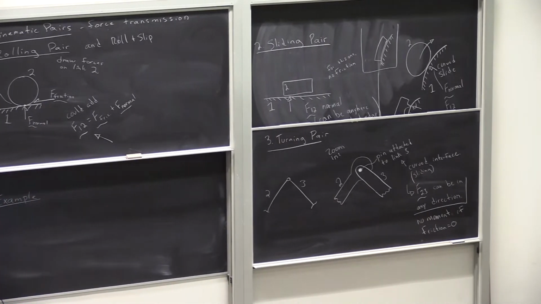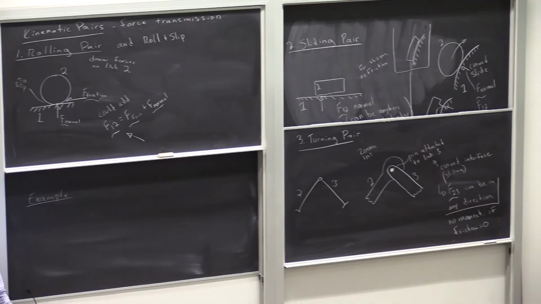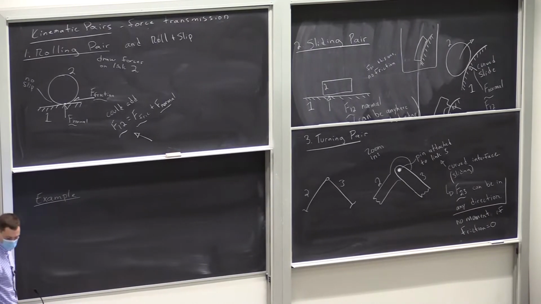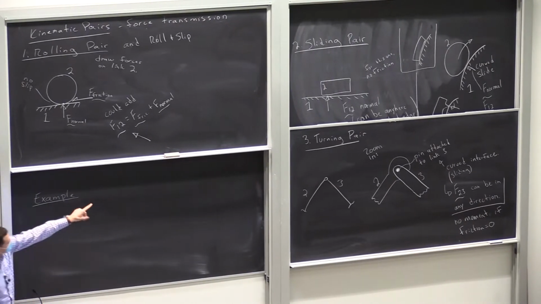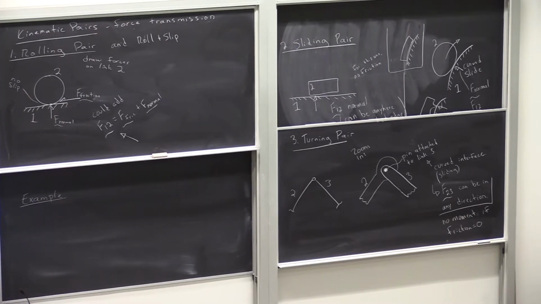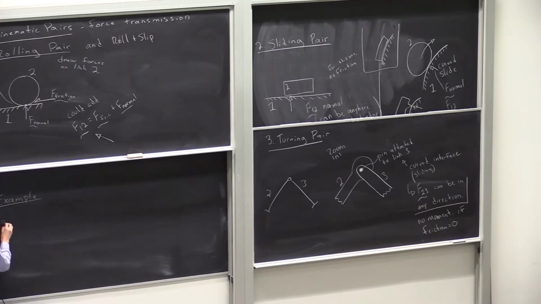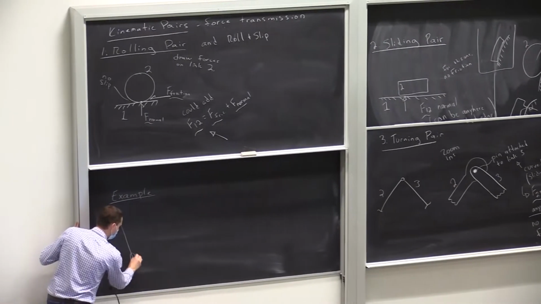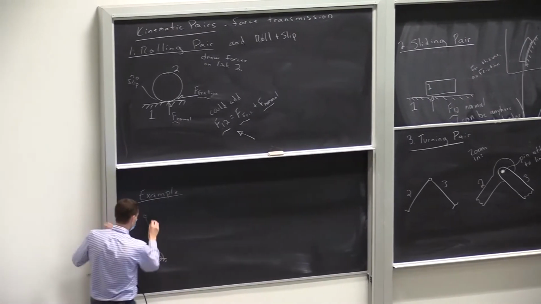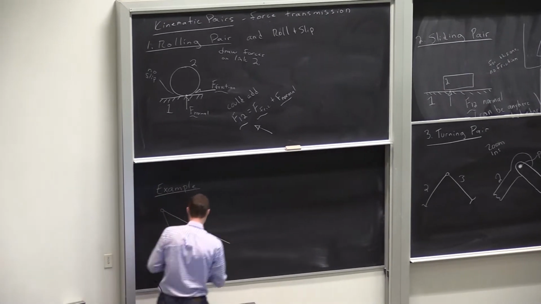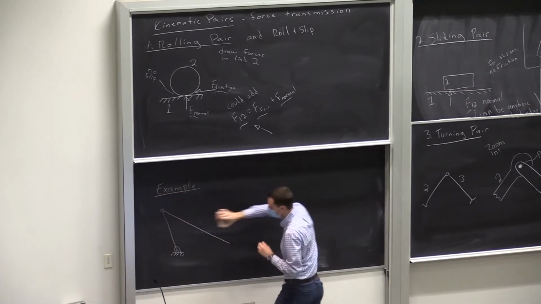A slider crank has basically all the elements that we've talked about. It doesn't have all of the funky slides, but it has a slide in it, turning pairs, and transmission between the links. So try and draw roughly similar to my geometry here. Let's make that a little bit longer.